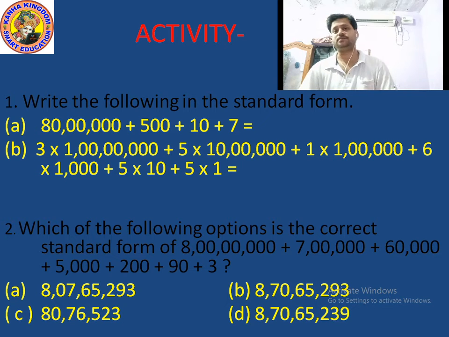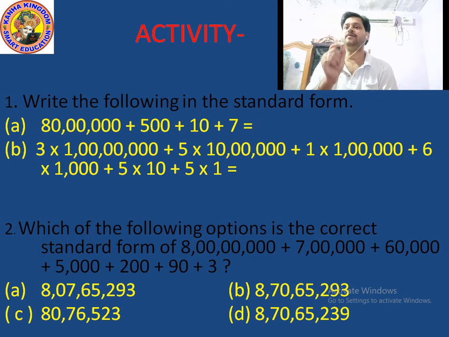So first you check the options. First option 8,07,65,293 has 3 commas. Second option 8,70,65,293 also has 3 commas. Very good, so A and B both are applicable. Now check C part, 80,76,523.